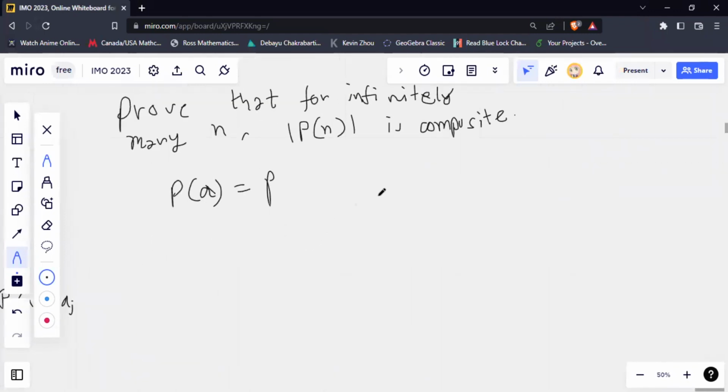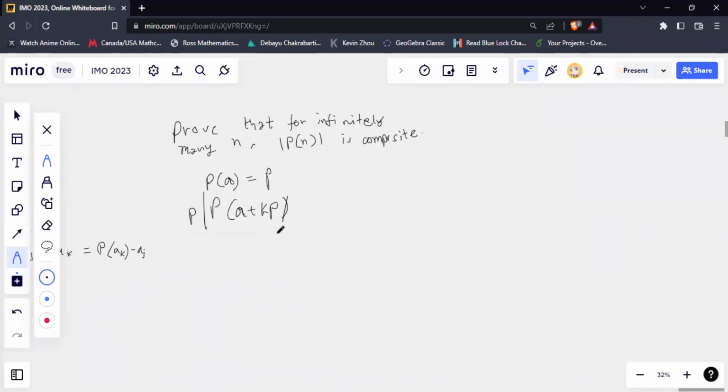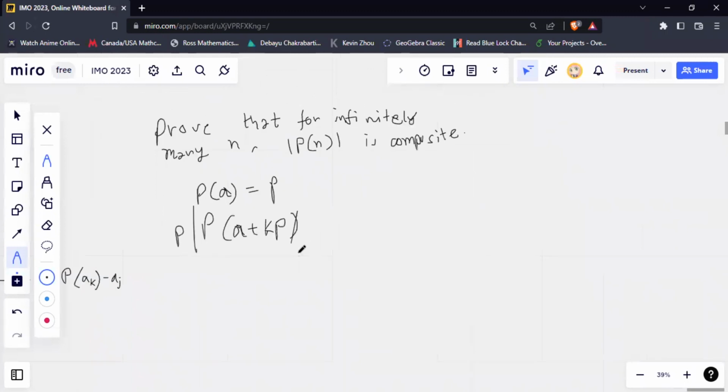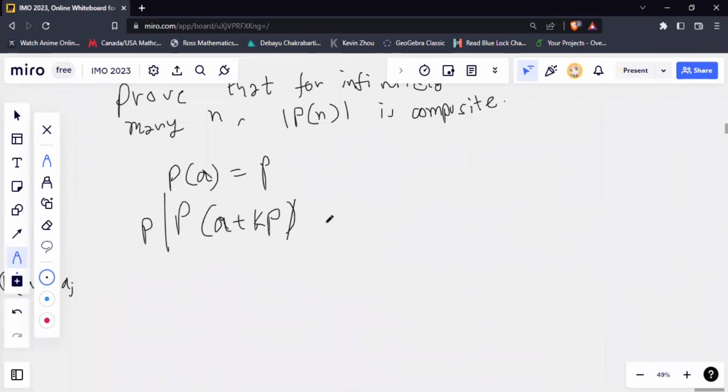Now we consider the class P of A plus kp. So there are finitely many p's or zeros or minus p's contained in P of A plus kp, which means that the rest should all be composite. So yes, this was the proof.